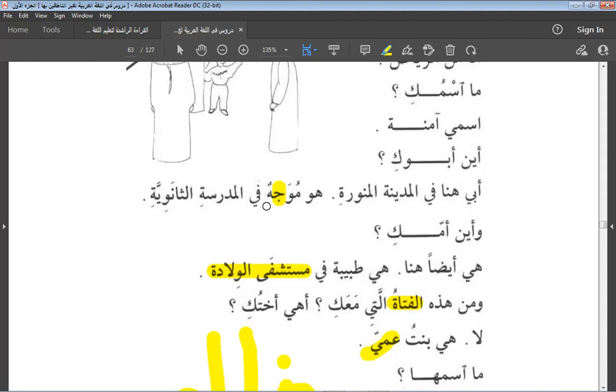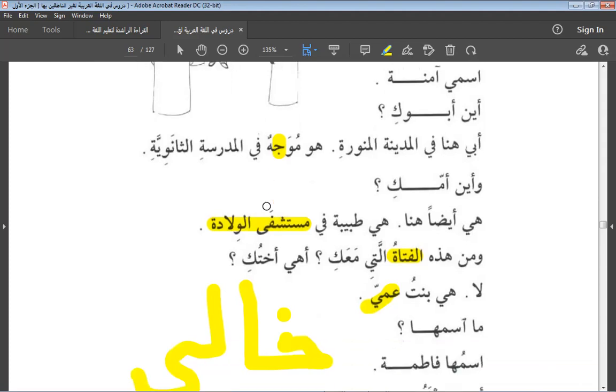Yani he is the one that gives directions in the ثانوية, in the secondary school. هو موجه, he is the instructor. So here it is the context that will determine the vowel you are giving here, whether kasra or fatha. Because of the context, she's saying about her father something in the secondary school. So you can't say he's directed towards the, or he's going towards the. هو موجه في المدرسة الثانوية. He's an instructor there.